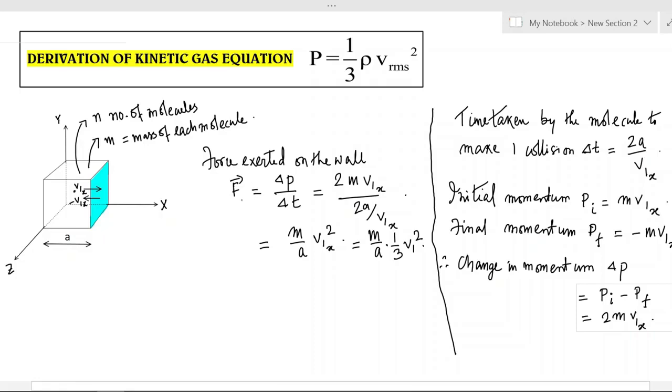Now just imagine this is the force exerted on the shaded wall by one particular molecule only, the one we have considered, of mass m and velocity v1. Now how much is the net force exerted on the wall of the container by all the molecules?